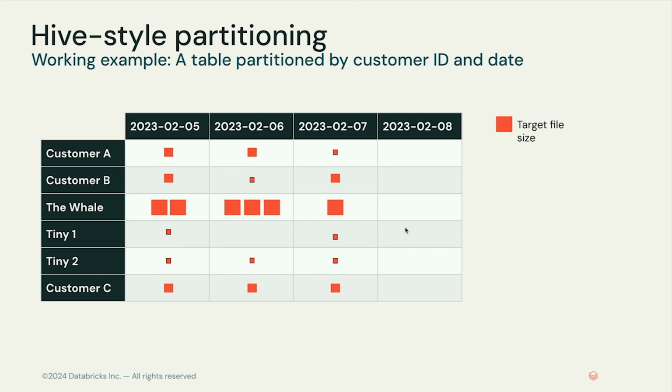People talk about over-partitioning, but under-partitioning is also a thing, and many times they manifest in the same table. In this example, we have over-partitioning because these tiny customers don't have enough data to really have their own partition, and the whale should actually be split up into more files because it has a lot more data.